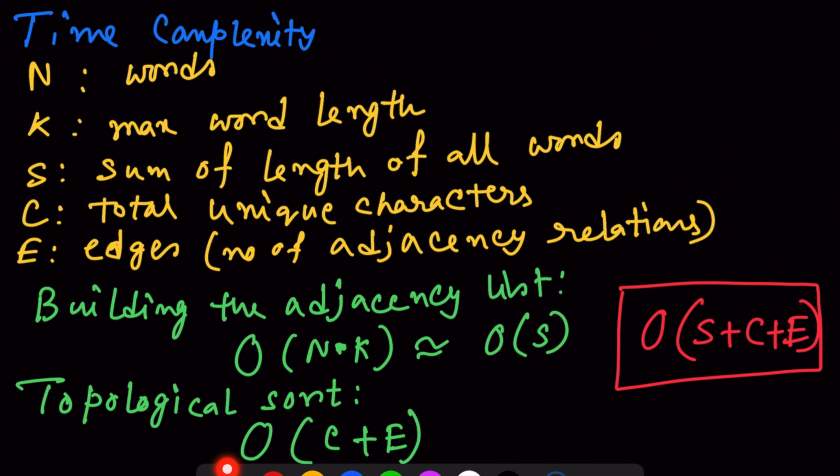Topological sort: the DFS call is happening for each unique character, so that will be order of C plus E, where E is the number of rules.